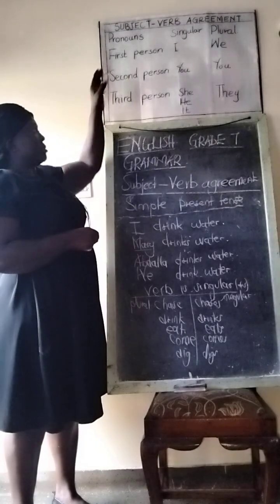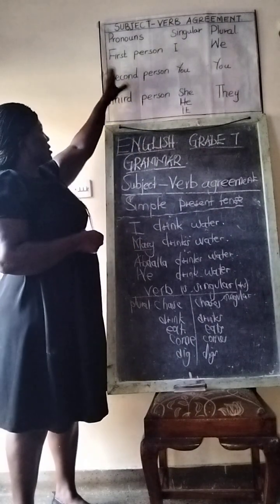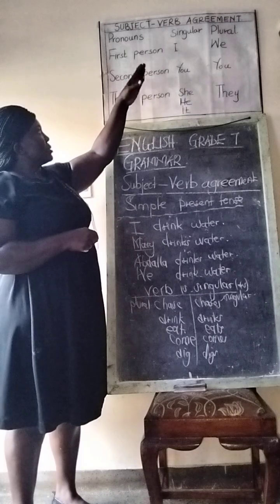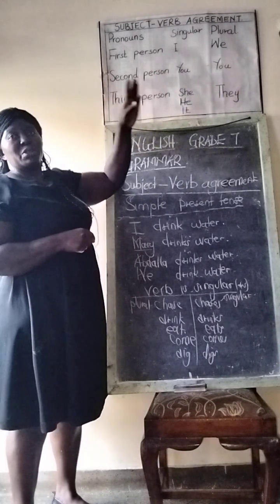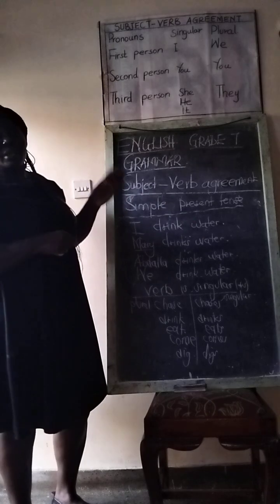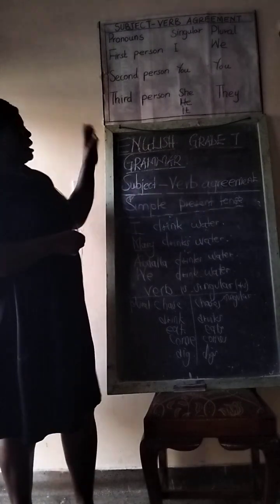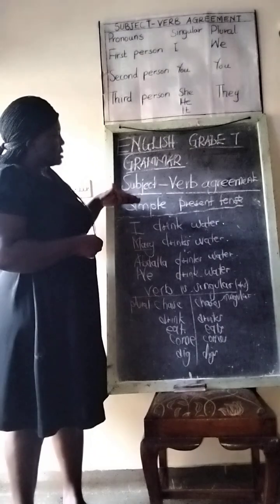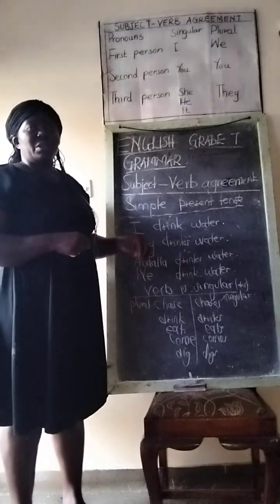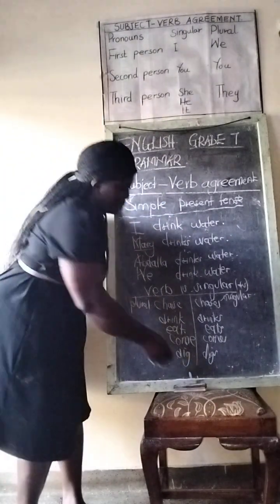The ones that are singular, for example, first person I, first person plural we, second person singular you, second person plural you, third person singular she, he, it, and third person plural they, in respect to present simple tense with the verbs. Now, how do they take the verbs?